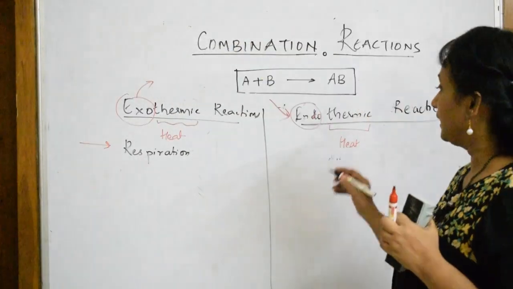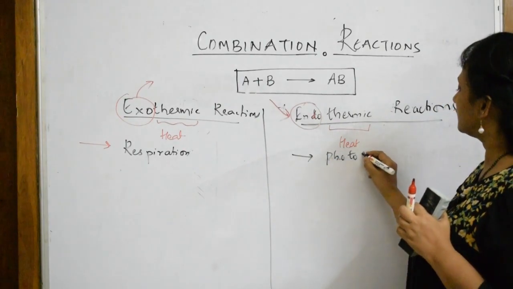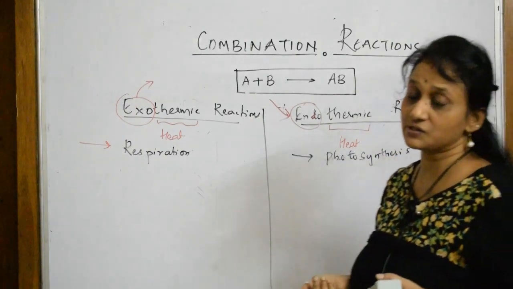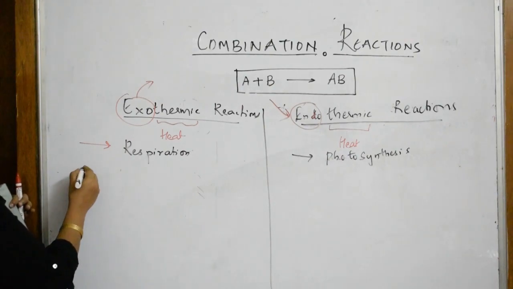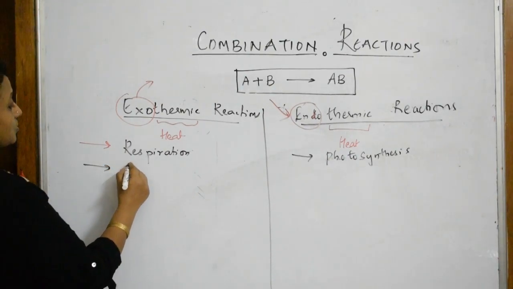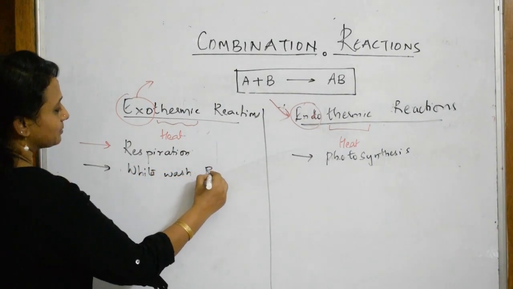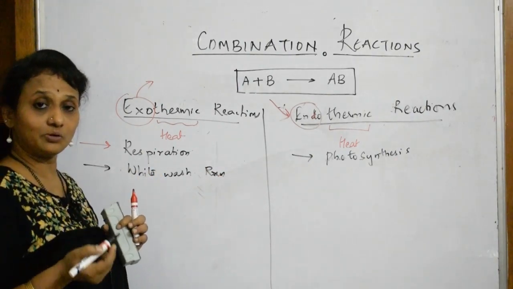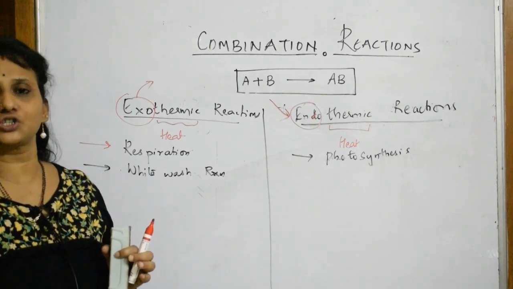When it comes to endothermic, remember, photosynthesis comes under endothermic reaction, where plants absorb energy from the sunlight. Next in exothermic, I'll give you the whitewash reaction, very famous and important. Under respiration, we'll be studying cellular respiration, where we'll be talking about digestion of food.